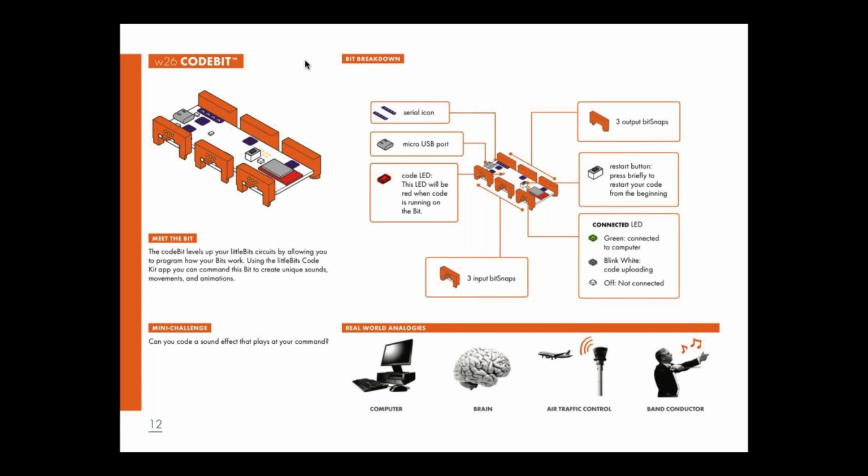And so buttons and light sensors and temperature sensors and servo motors are all things that are around us in different places. And so we really want to draw those connections so that they begin to see that what they're working with really represents a building block for things that they recognize around them in the world.